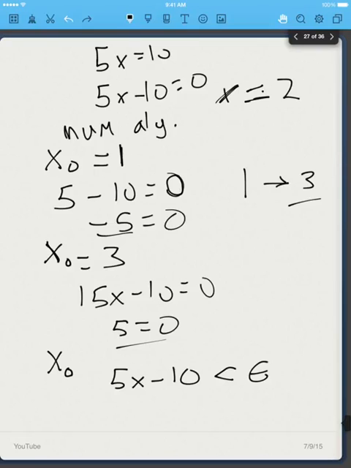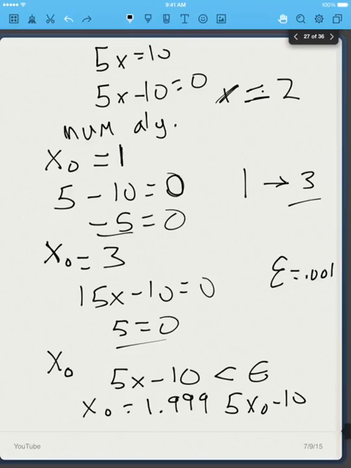Let's say epsilon is 0.001. If I have x0 equal to 1.999, and I plug it in, 5x0 minus 10 is going to be small, right?